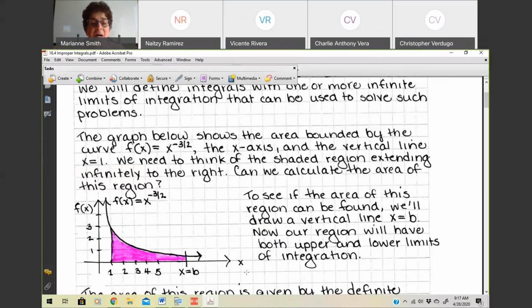It's possible that this curve doesn't shrink towards the x-axis fast enough, and this area may keep getting bigger and bigger and bigger. So it's possible that the integral would not actually have a numerical value, even though it has an upper and a lower bound. Is that idea clear? Is the idea of an infinite area clear?